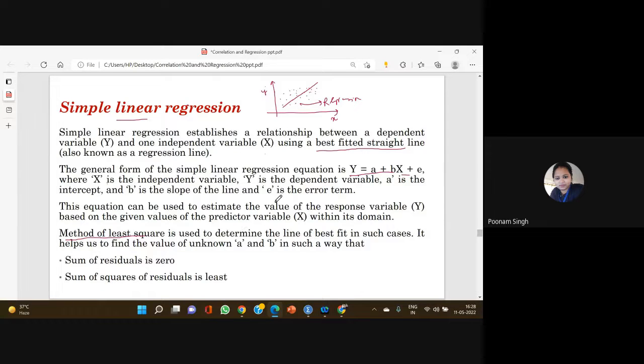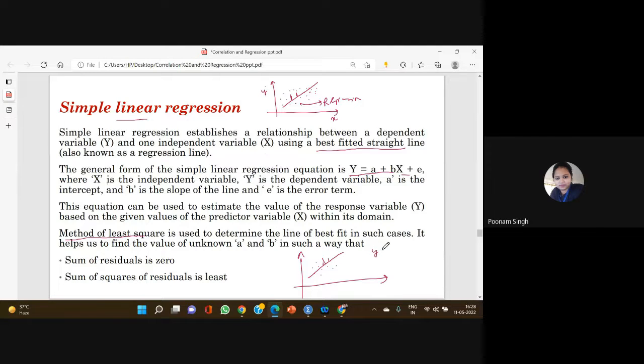It means the line with the smallest distance between itself and each point of the observation. Line of best fit means the line which has the minimum distance between itself and the observations. And there can be many lines that can be drawn.